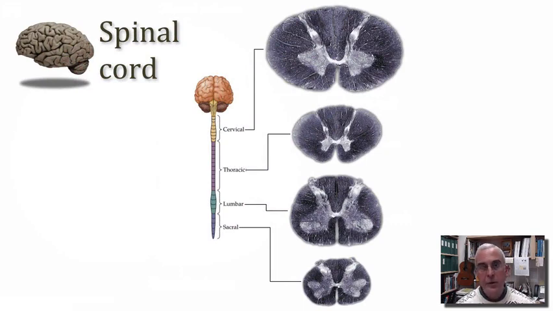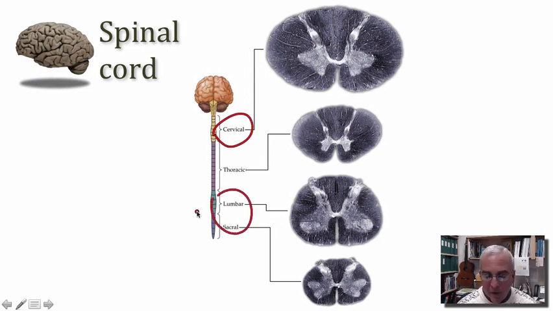What it does is it shows representative cross-sections that are taken from different levels of the spinal cord. And I want you to notice a few features that we find here. Essentially, what we find is that in the region of the cervical spinal cord and also in the lumbosacral enlargement region, we see an expansion of the amount of gray matter that's present in the ventral horn. I think that should make good sense to you.